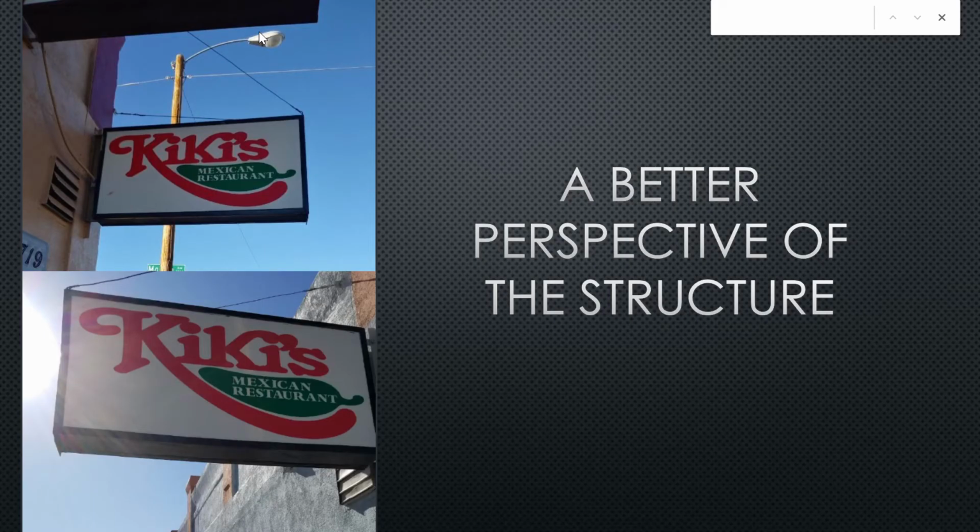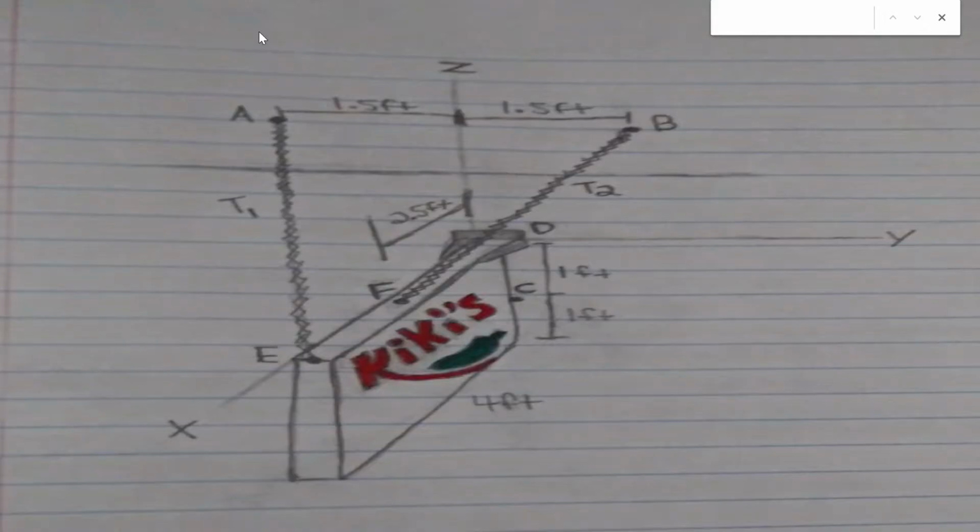Here's a better perspective of the hanging sign that I found. And while looking at this perspective, I came to understand that it is a sign that is supported by two cables at C, and what I would assume to be a ball socket and a constraint at D, which prevents movement in the Y direction.